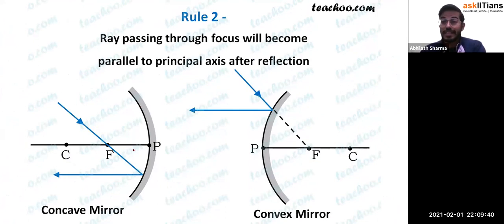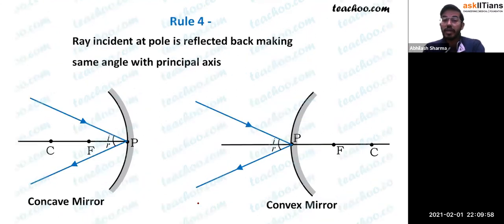Coming back to the rules, now moving ahead to rule number 2. What if the ray is incident at the focus? How is it different from the previous? In the previous case, the ray was coming parallel and then passing through the focus. Now it's coming through the focus, and so it's vice versa. It will become parallel to the principal axis. Exact reverse of the previous scenario. All right. Moving ahead, rule number 4, and that is, what if the ray falls at the pole itself?